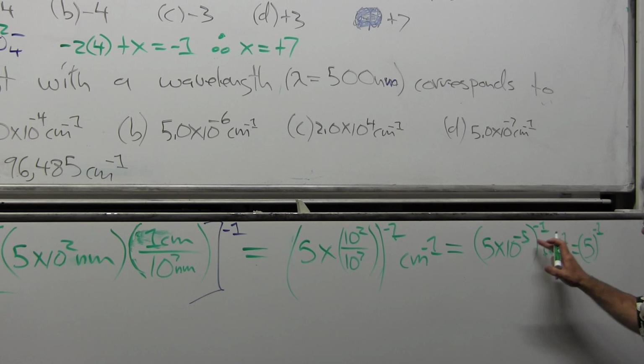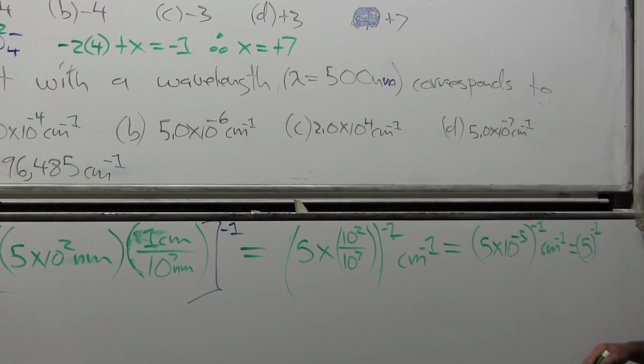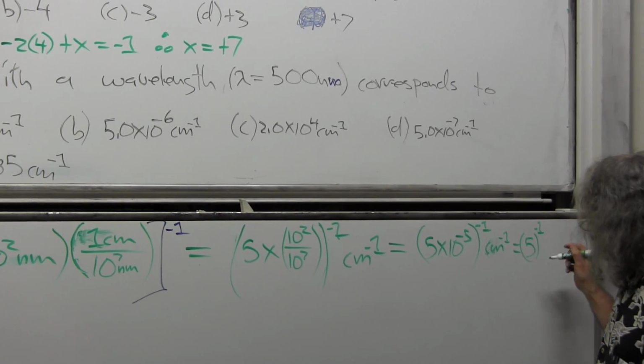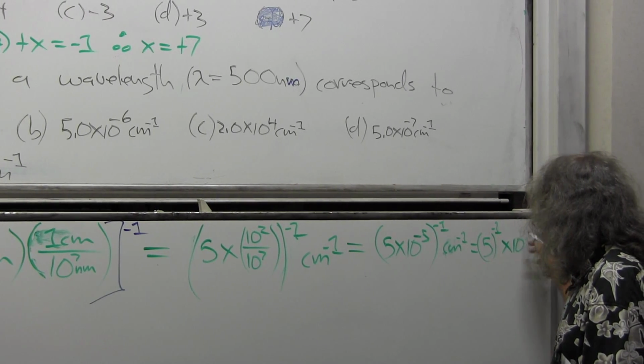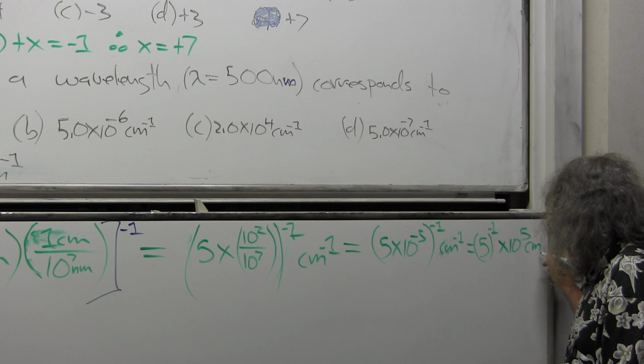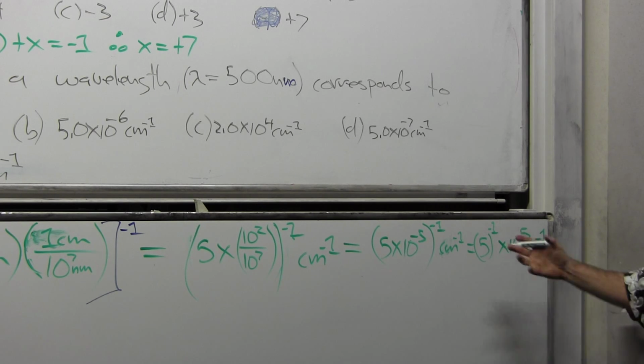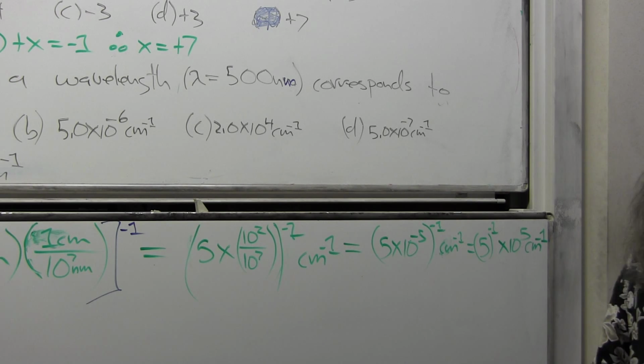What do I do here? Well, in this case, this comes back to knowing when to add, when to multiply. -5 times -1 is times 10 to the 5th reciprocal centimeters. And so now I've got to figure out what the reciprocal of 5 is.